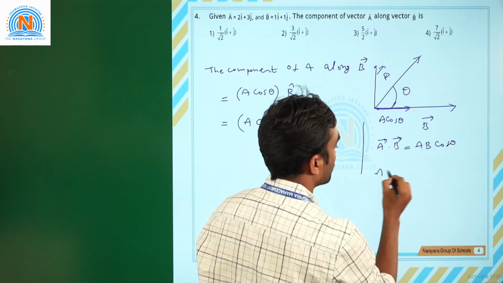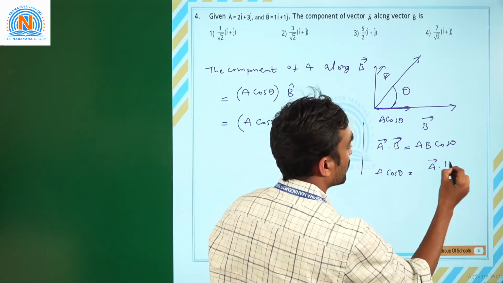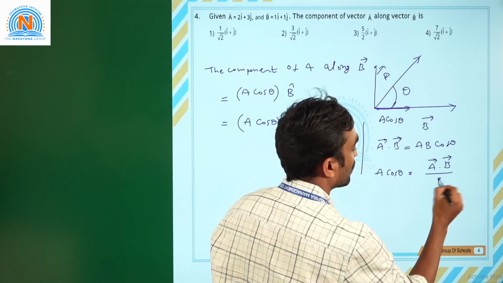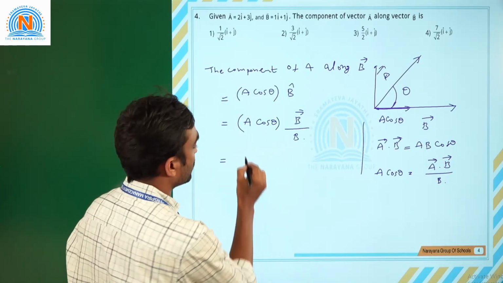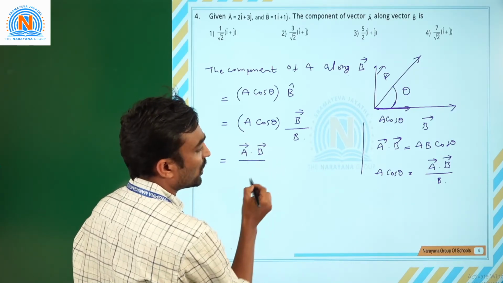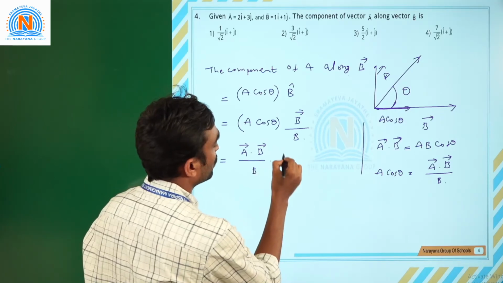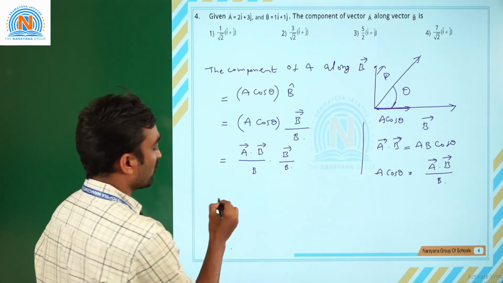From this, a cos theta equals a bar dot b bar upon b. Now we can replace a cos theta with a bar dot b bar upon b, into vector b bar upon b, where b is the magnitude of b.